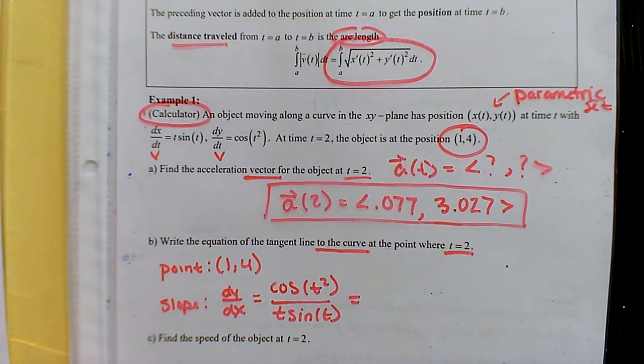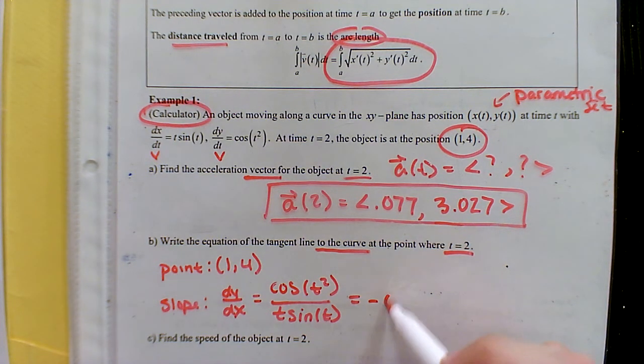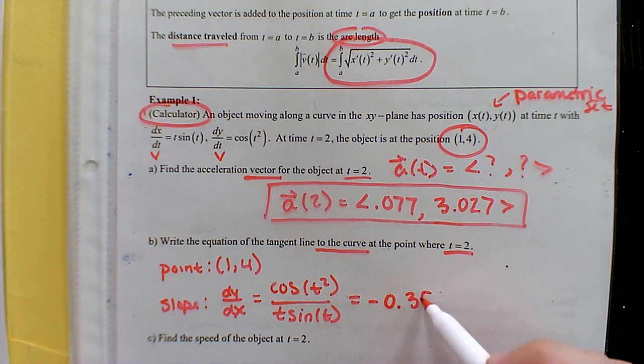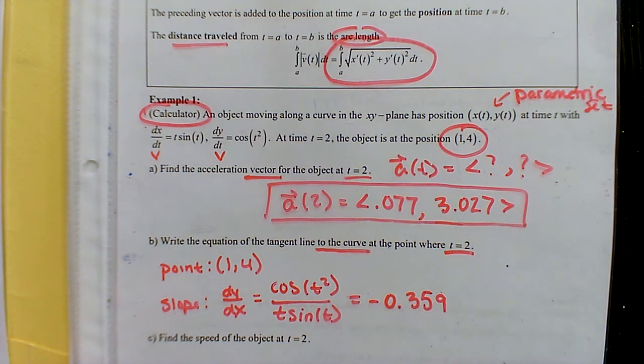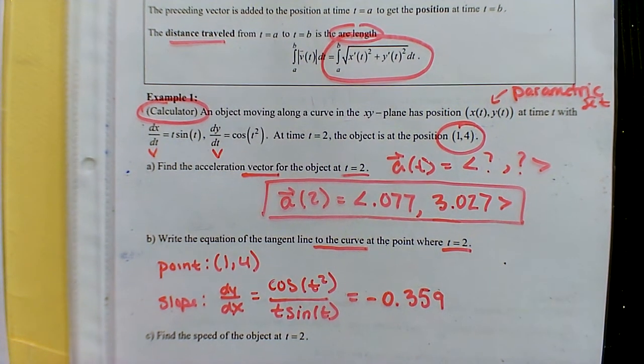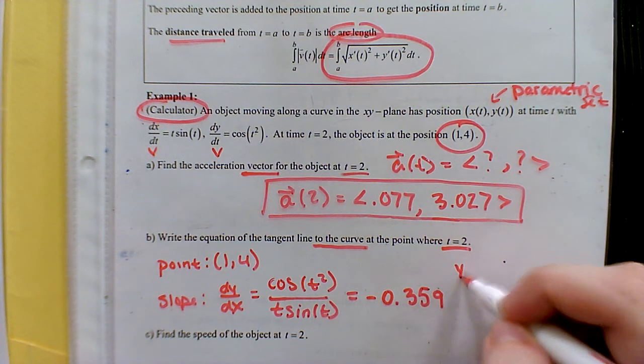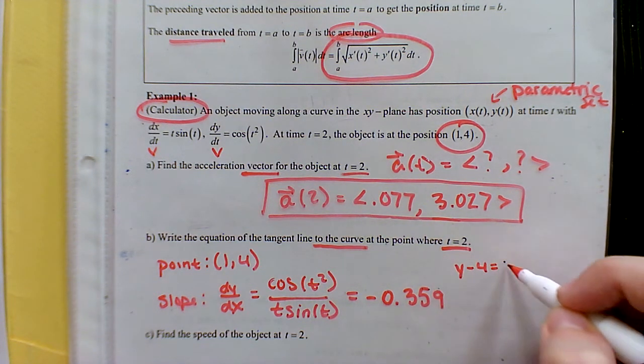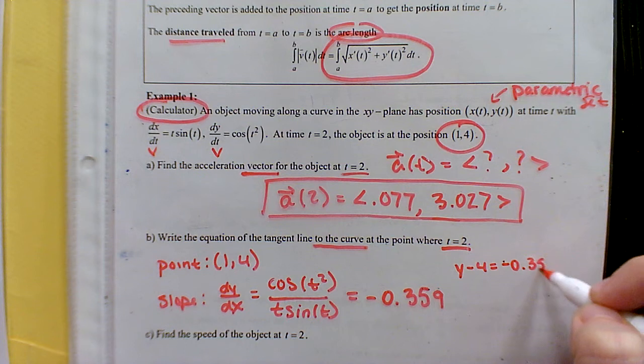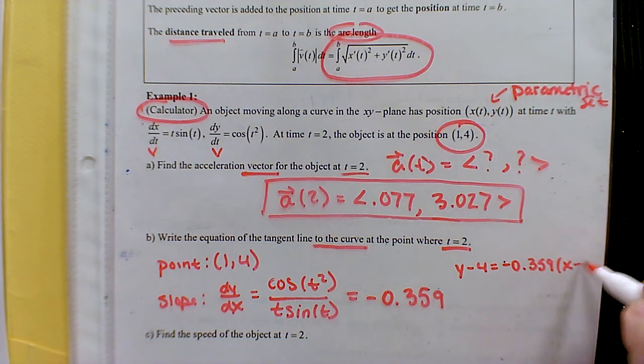And we've got to plug in 2 for those t's. See, I got negative 0.359. All right, so our equation, let's see, y minus 4 equals negative 0.359, x minus 1.